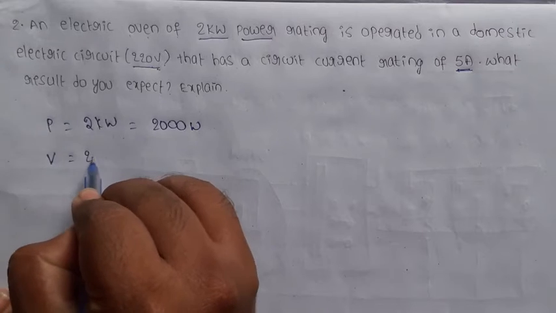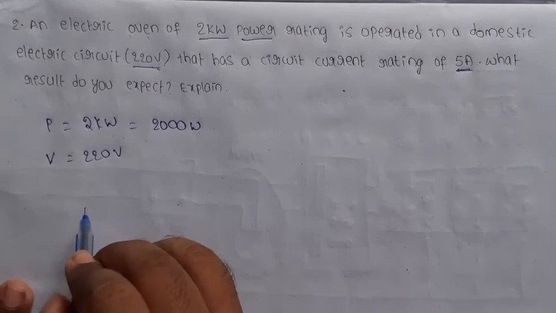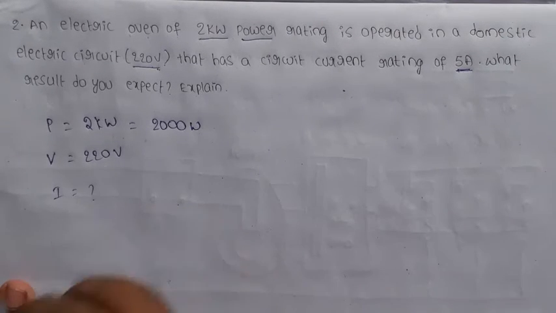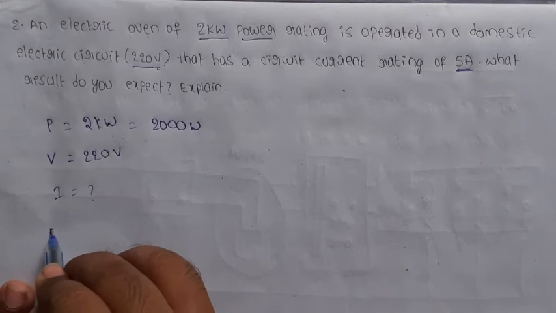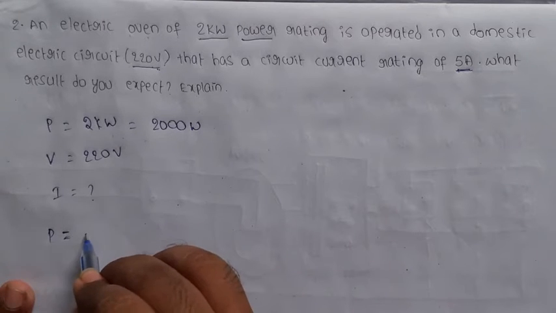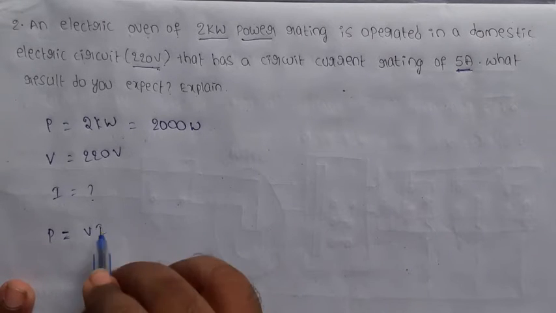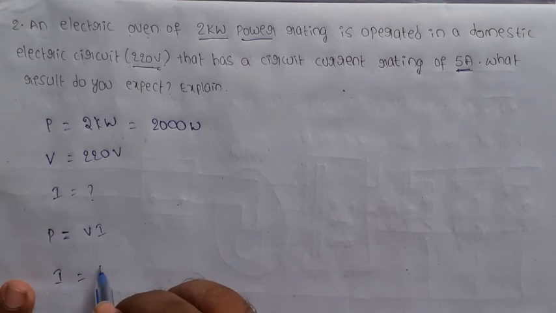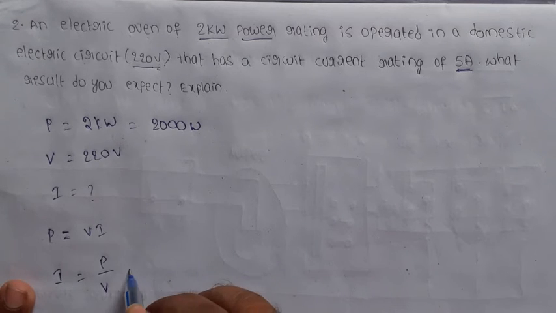Potential difference is 220 volt. To find the current, we know power P equal to V I, so I equal to P by V.